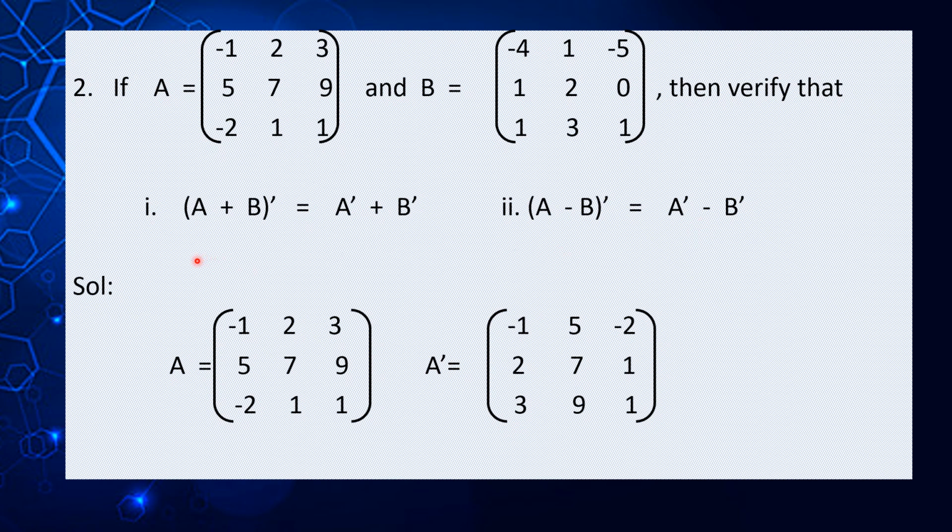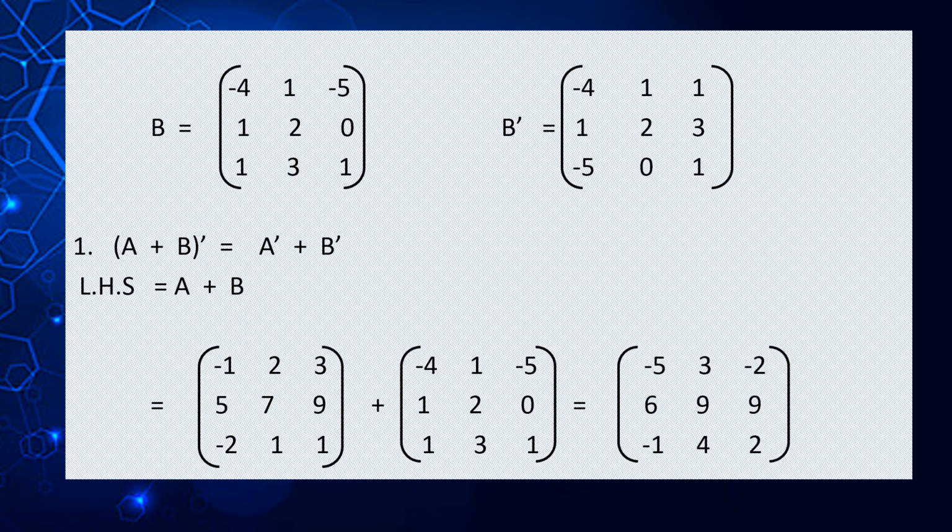First, let's solve the first part of the question. In order to solve the first part, first write the given A matrix and write down its transpose, that is A transpose equal to minus 1, 5, minus 2, 2, 7, 3, 7, 1 and 3, 9, 1.